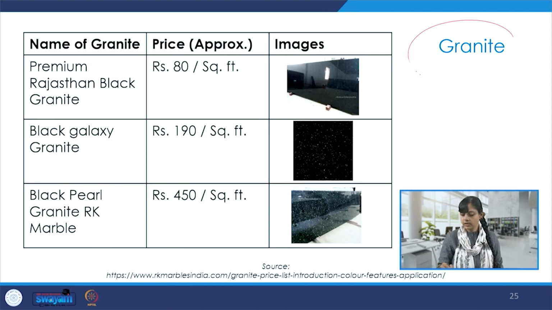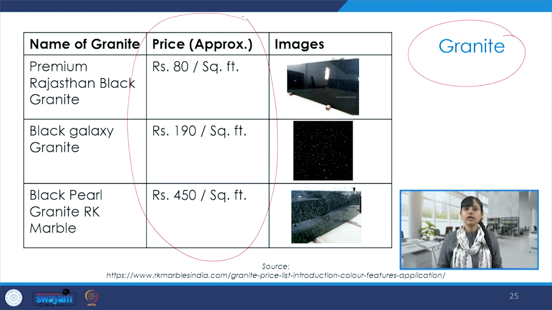Then we have granite, which is used quite extensively in interior design projects. In the lecture where we focused on stone, we talked about the usage of granite in certain areas such as the kitchen, and we also talked about the properties of this material. To give an idea of pricing, I have put some images and costing.